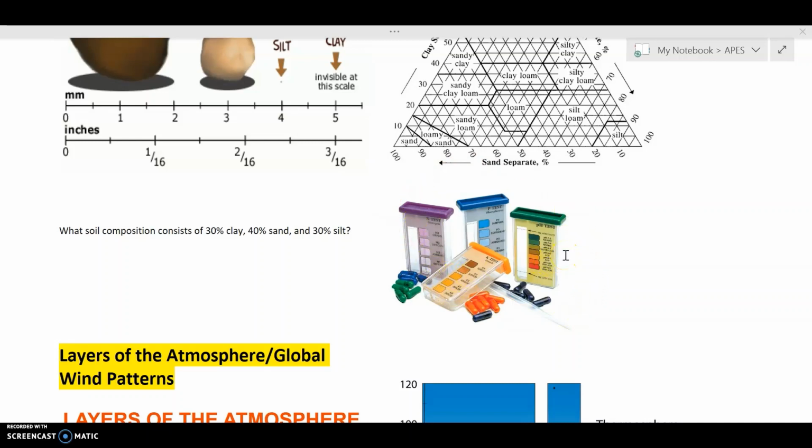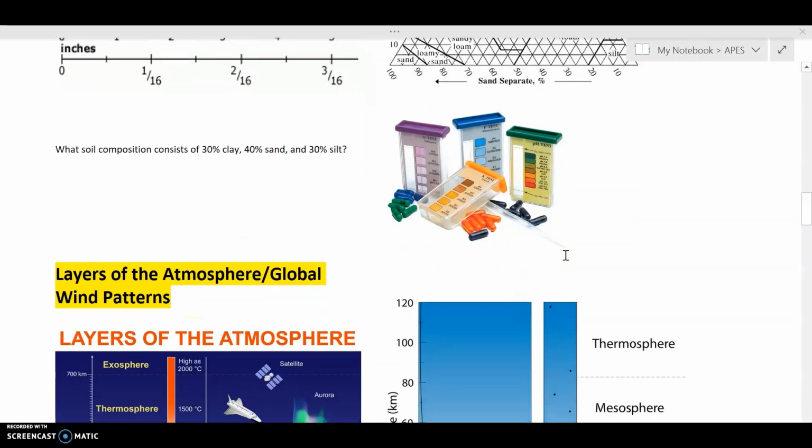You can test for various things, such as what type of nutrients and the concentration of nutrients in your soil. You can also test for the acidity or pH of your soil. You can order those tests online. You can also do physical tests, but it's all pretty much to evaluate the composition of your soil.